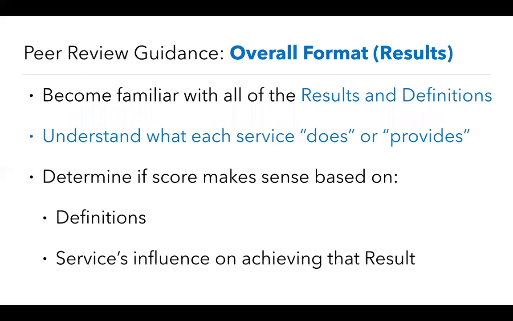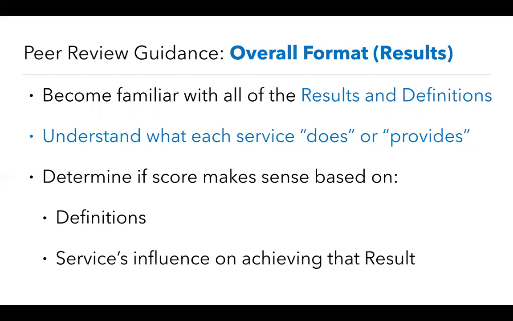As you get started, I believe we will be delivering templates to you all on Monday. So before you get started, one thing you can do is to become really familiar with the result and definition you are responsible for. Then look through the service inventory. Again, you will either be evaluating community if you're on a community result, or governance if you're on a governance result. If you're on a BPA, you'll be covering the entire spectrum of services.